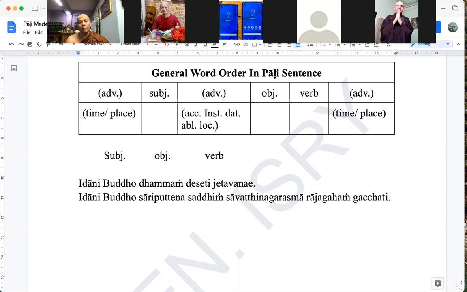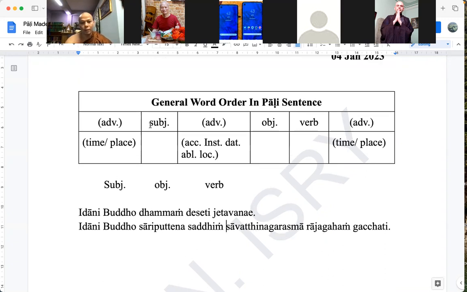In Pali, the sentence structure, the only fixed one we can say, is subject, object, and verb, basically. But adverbs, like a word with the instrumental case, also a kind of adverb, or dative, ablative, and locative, are commonly equivalent to adverbs.